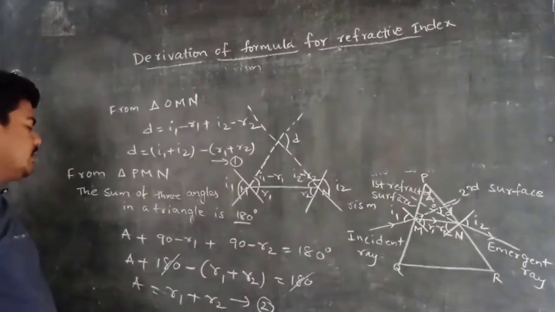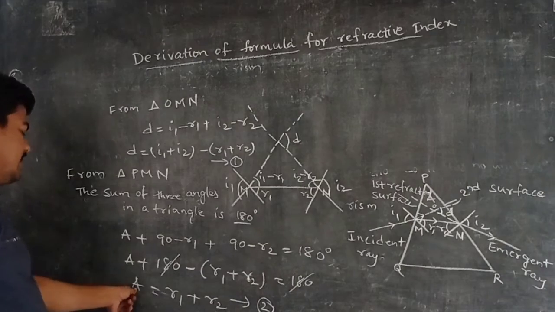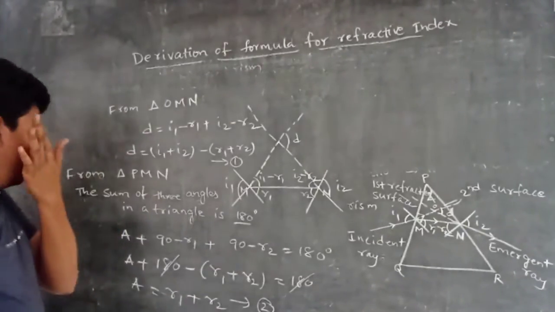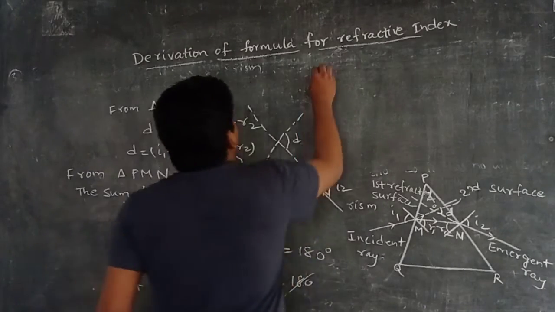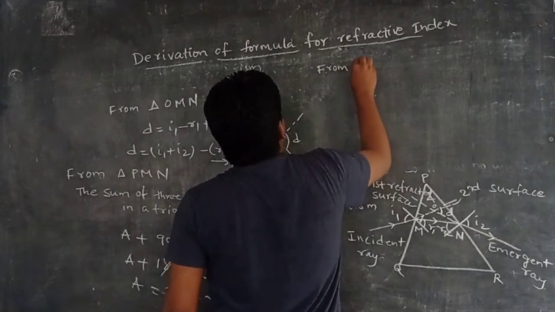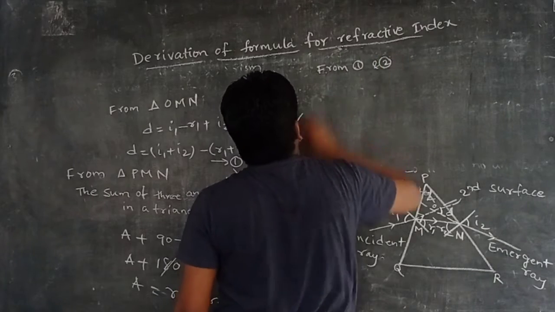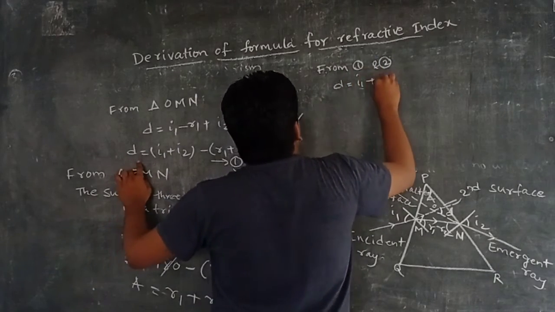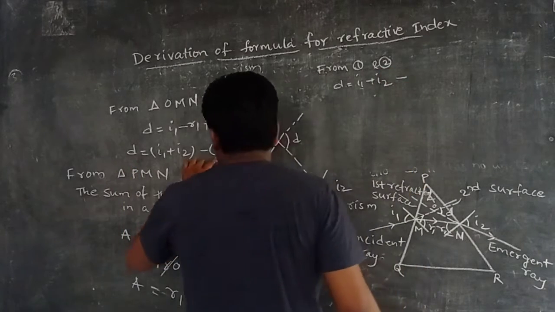R1 plus R2 is equal to capital A. The angle of the prism is equal to R1 plus R2. This is equation number 2. Now from equations 1 and 2, D is equal to I1 plus I2 minus (R1 plus R2).